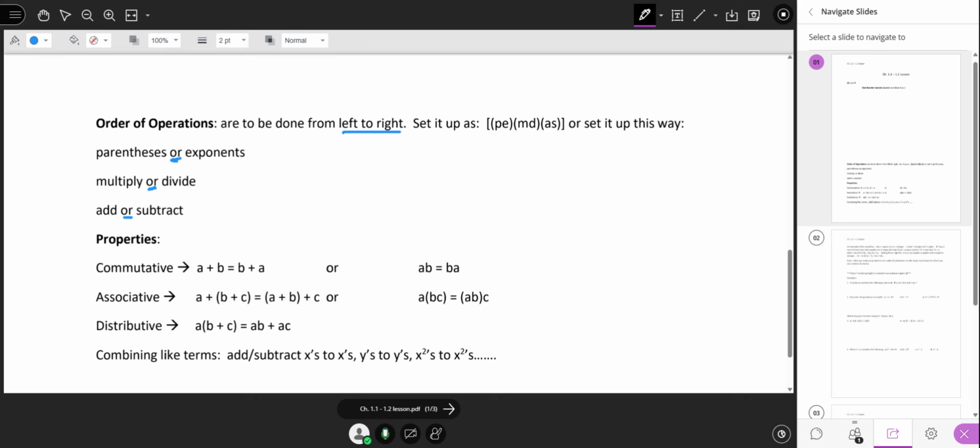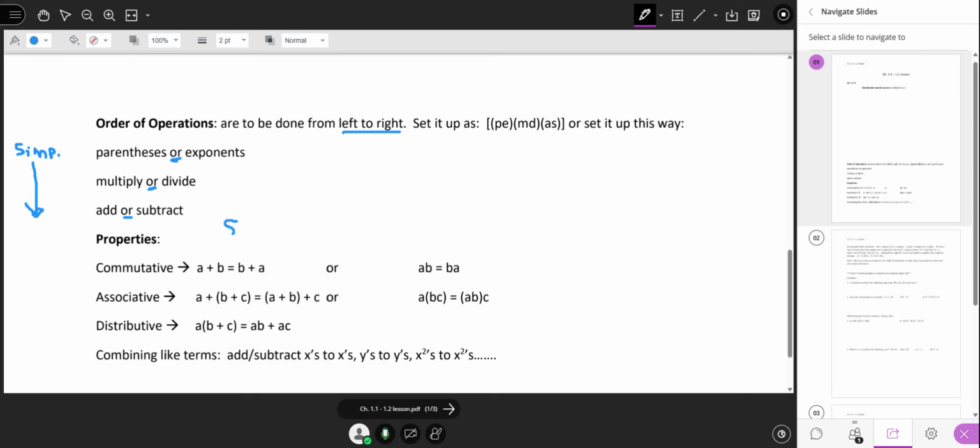So I really like this setup, and I like it for another reason. Because if you are simplifying, you go down this order. So you do parentheses or exponents first, then multiply or divide, then last is add or subtract.